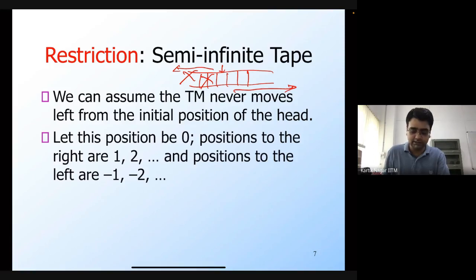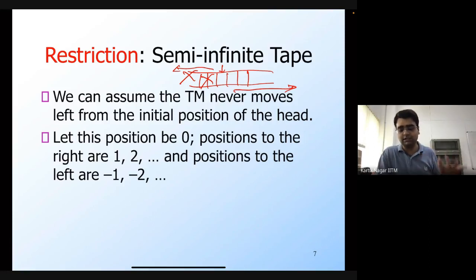Let's say that the initial position is 0. The positions to the right are labeled 1, 2, and so on. The positions to the left are labeled -1, -2, and so on. These positions -1, -2 are not present.